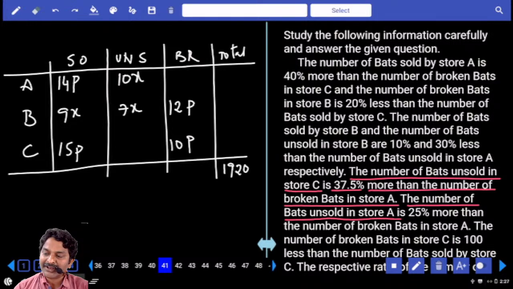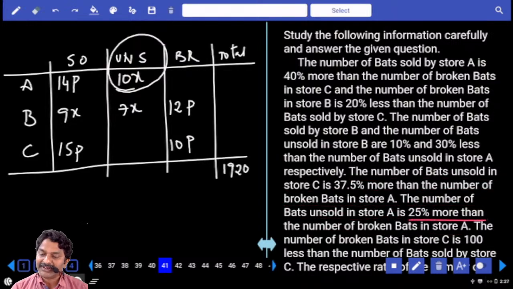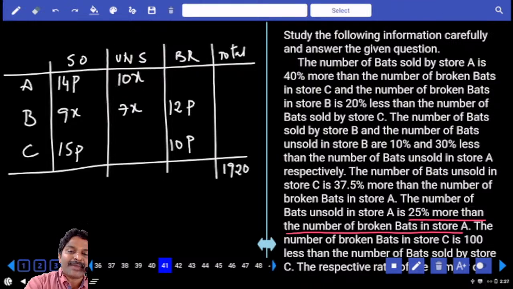The number of bats unsold in store A is 25% more than the number of broken bats in store A. How many unsold are there in store A? 10x, which is 25% more than broken bats in store A. Then broken bats must be 8x, because 10x is 25% more than 8x. Agreed?